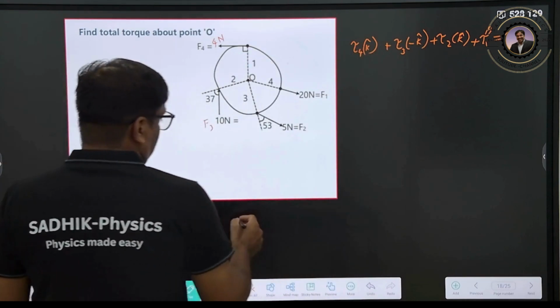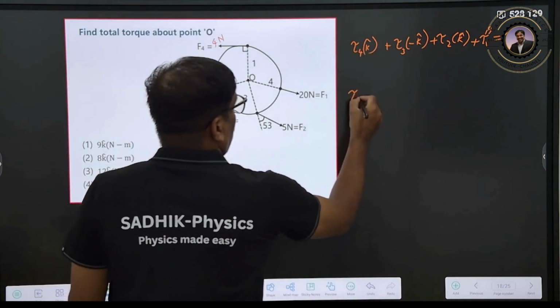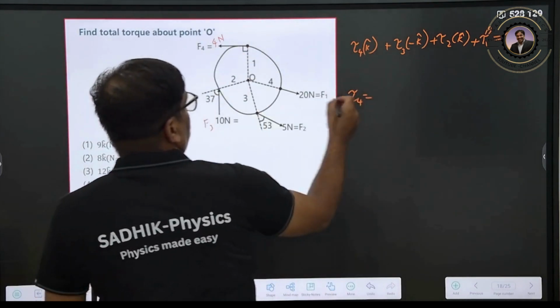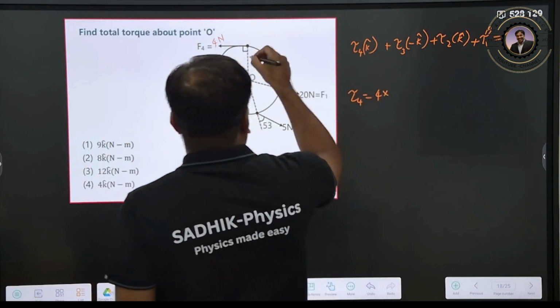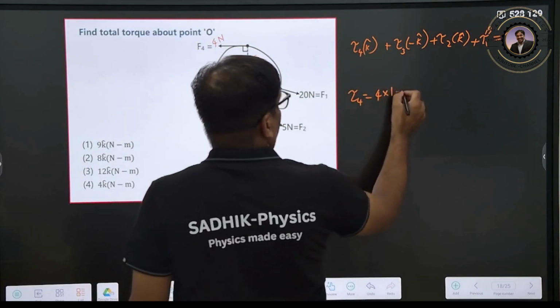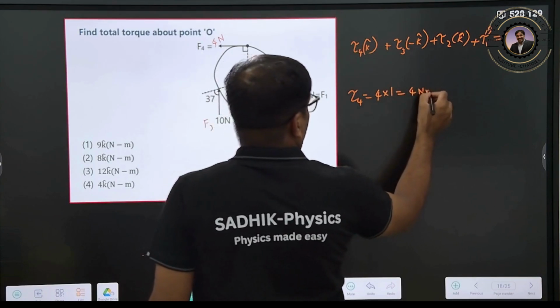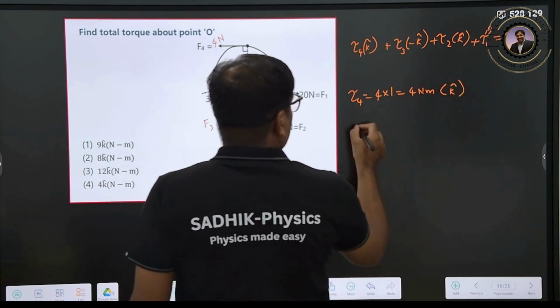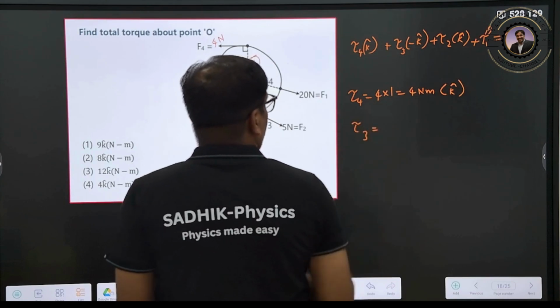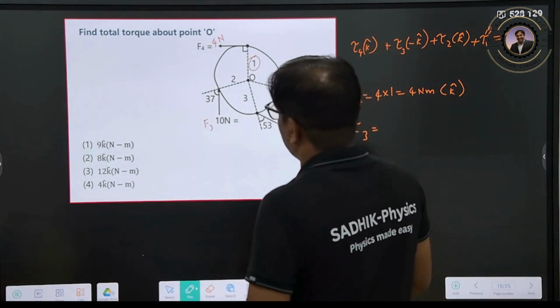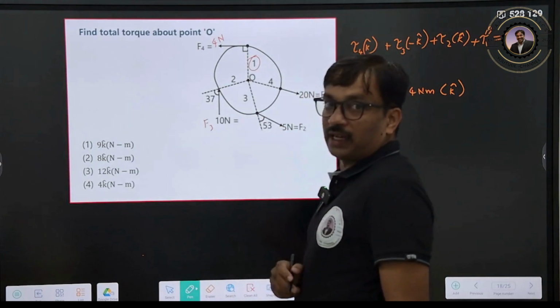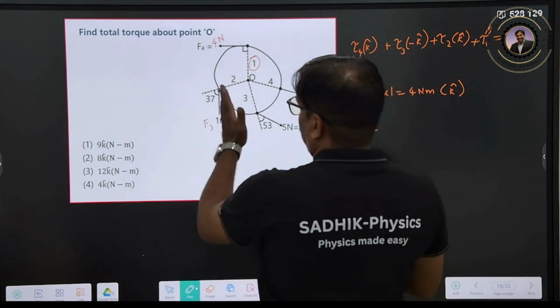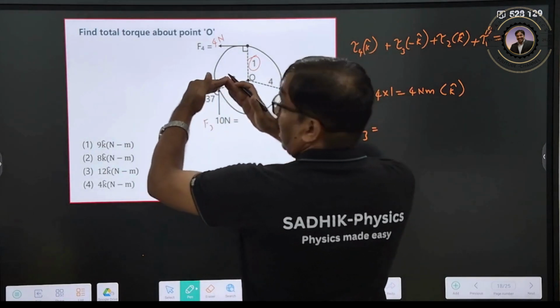We will calculate torque due to the fourth. Force is how much? 4 newton into perpendicular distance 1 meter. So 4 newton meter in K cap. Now torque due to F3. What is given? This T is making an angle of 37 degrees. So I will split it like this.